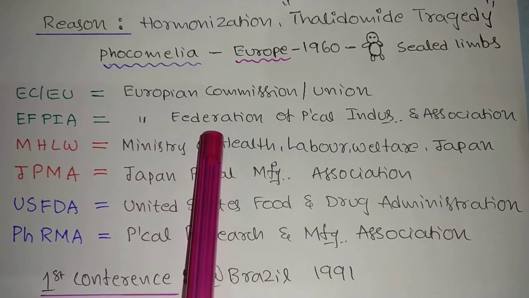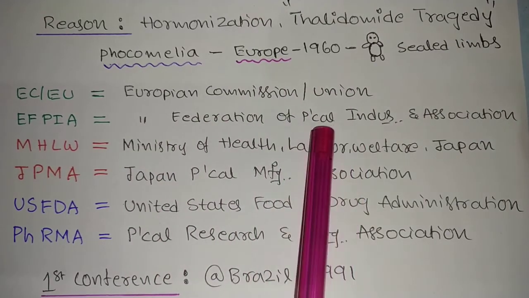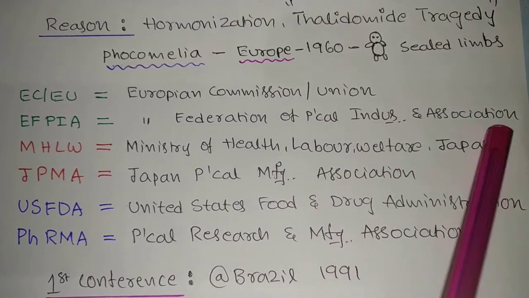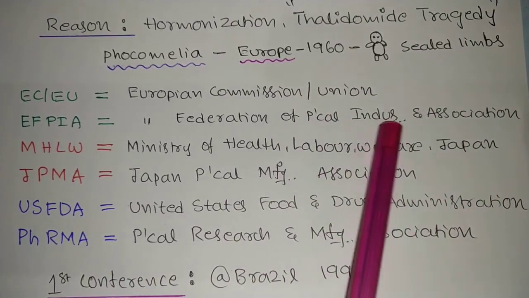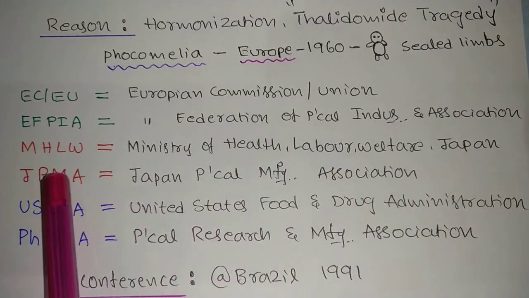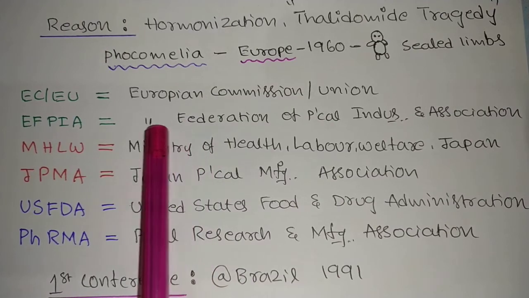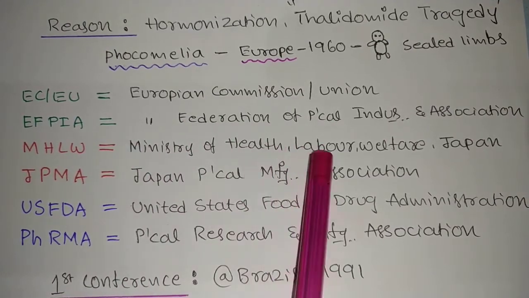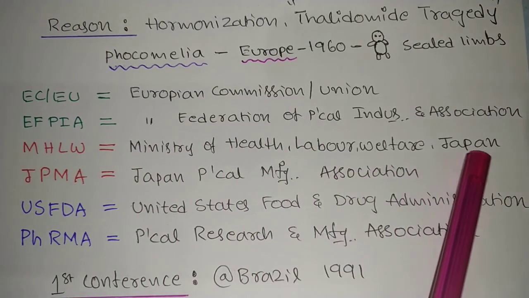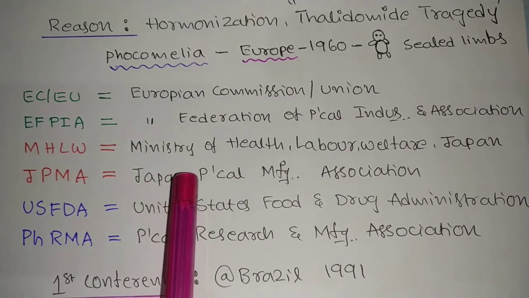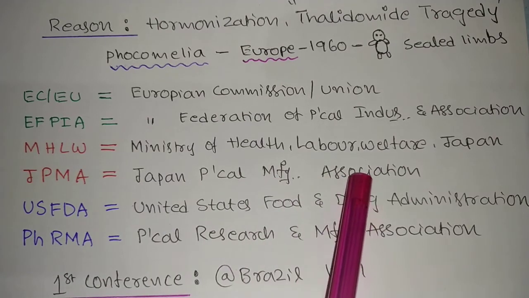Here, European Federation of Pharmaceutical Industries, industry people form an association. No way it is related to government. MHLW, Ministry of Health, Labor and Welfare, Japan. The name itself indicates Ministry of Health, so it is government.